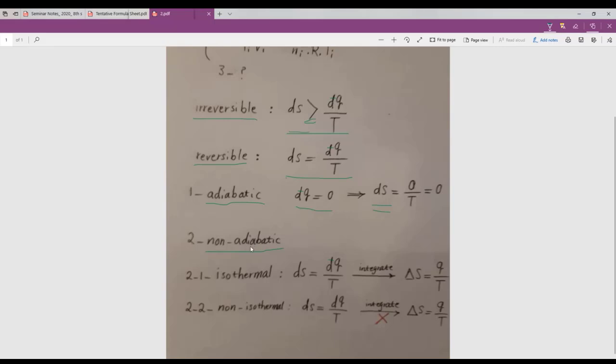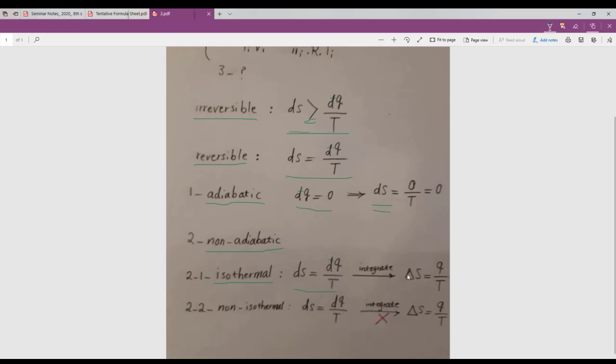For a process that is not adiabatic but still reversible, we have two very important cases. Case 1 is when the process is isothermal, reversible. Of course, it's not adiabatic because it's isothermal. Then we can use this equation and integrate it because temperature here is constant.